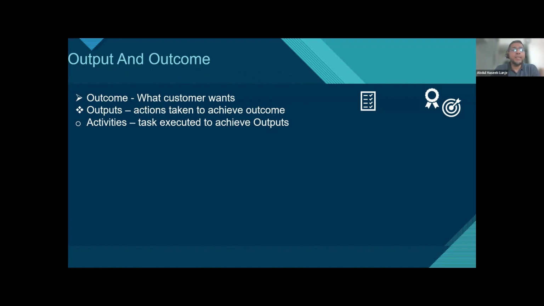This cascading of the definition of outcome, output, then activities is very much important. Majority of the authors whom we refer to have the same concept of outcome, output, and activities. Can you give some example from your work, what outcomes you are producing?